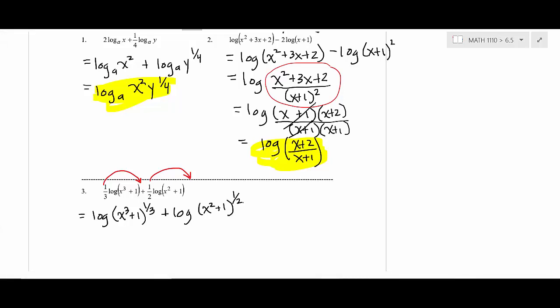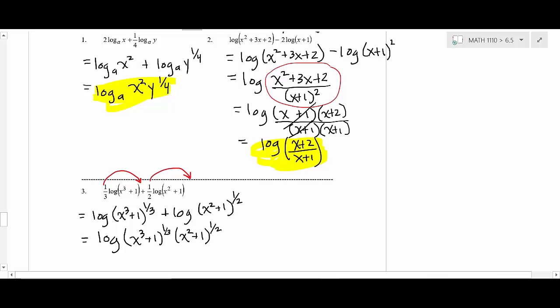Log of a product, right, multiply. Okay, good. So you would write this as log of x to the 3rd plus 1 to the 1/3 times x squared plus 1 to the 1/2. And you can't really do anything with that. You could change those things back to square roots, but you don't have to. So that would be as far as you'd want to take that. Okay, so that's the basic idea.